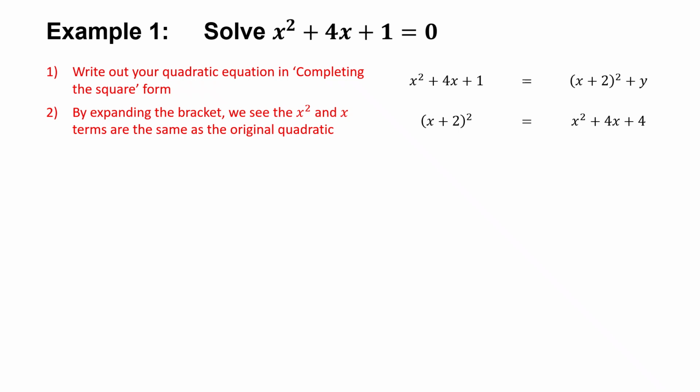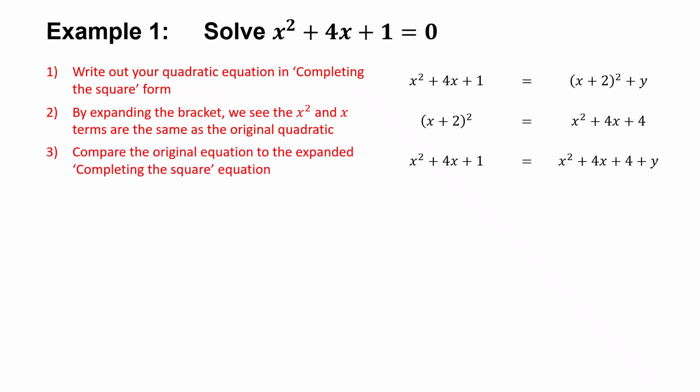If we expand this x plus 2 squared bracket, this gives us x squared plus 4x plus 4. So if we now write out in step 1 the right hand side, that bracket is x squared plus 4x plus 4, and then we have that plus y term on the end, and we're saying that that is equal to x squared plus 4x plus 1. So we need to work out the value of y that makes those two equations true.